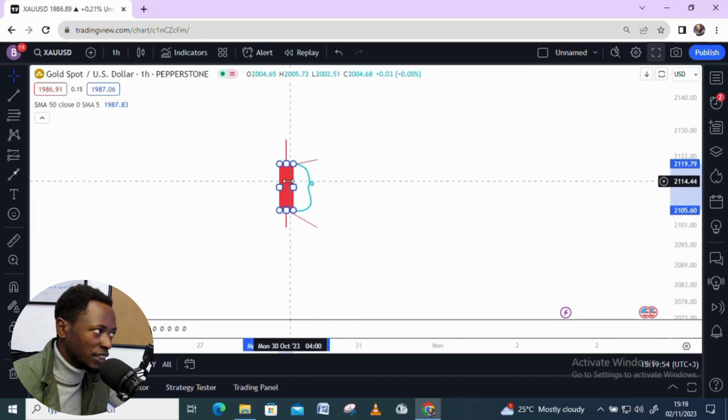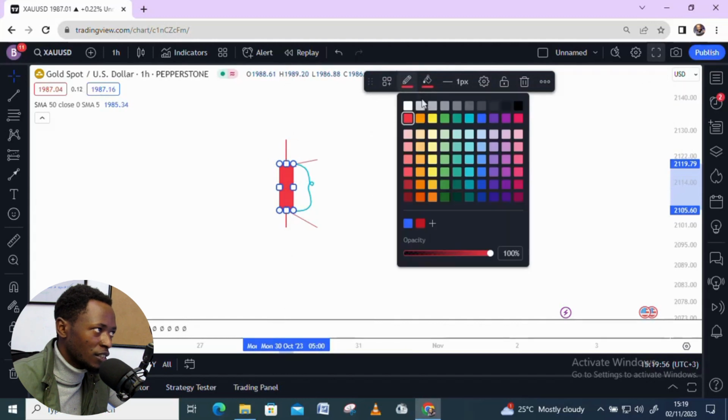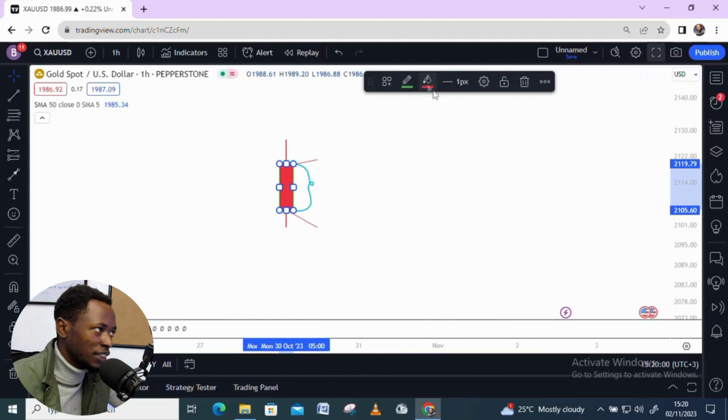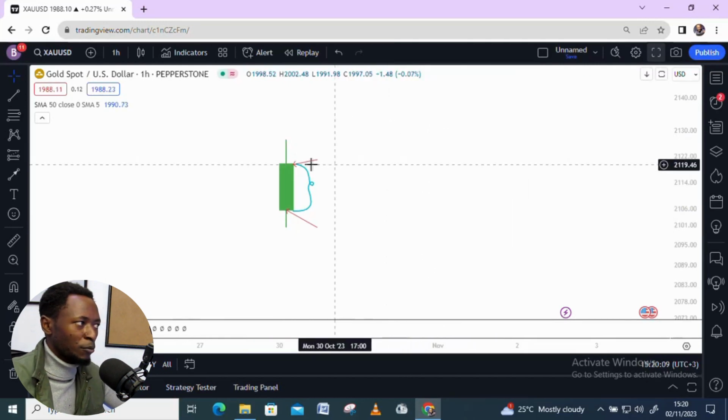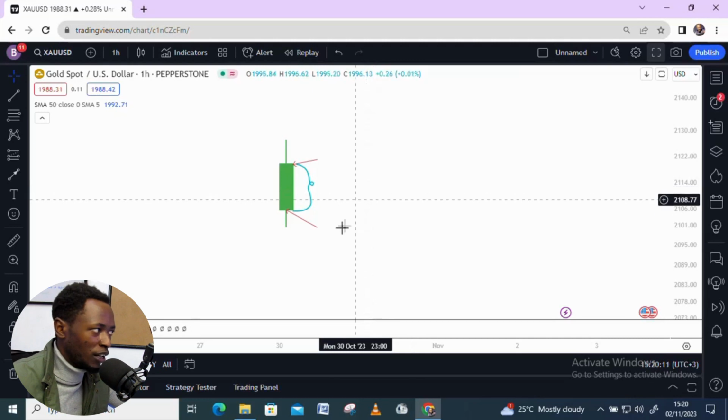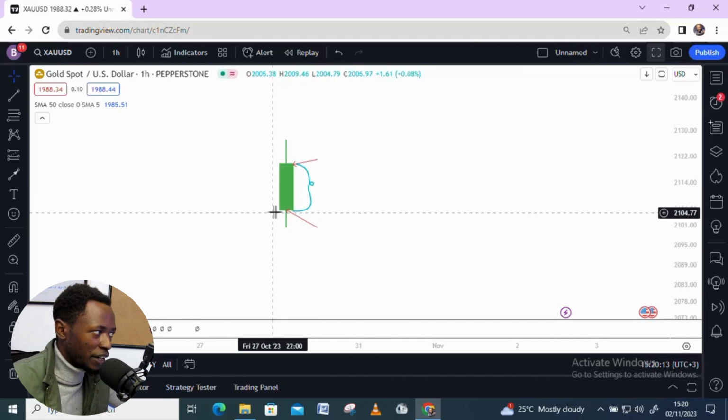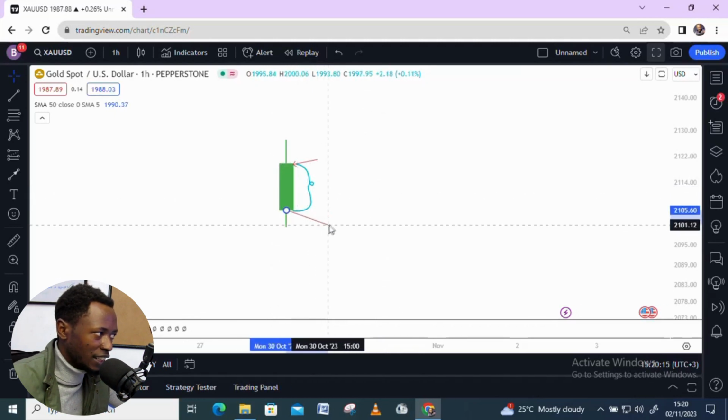For a bullish example, this is the open price right here.